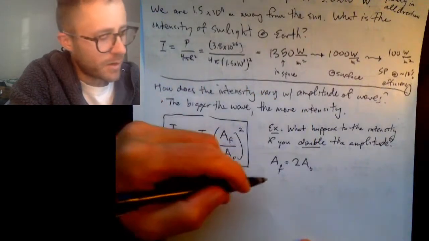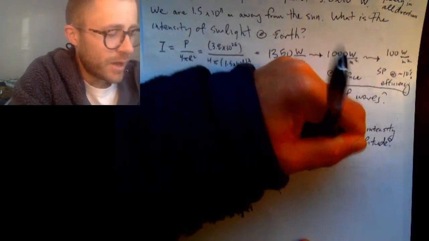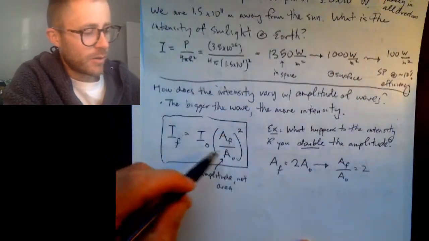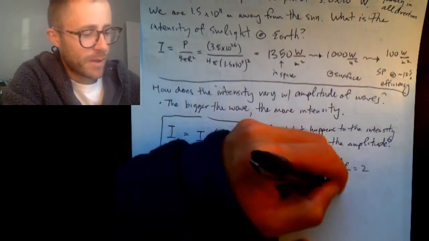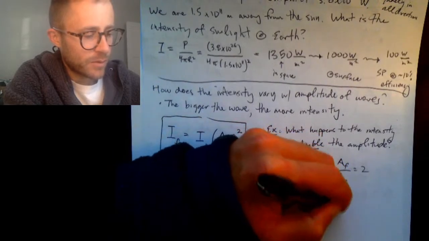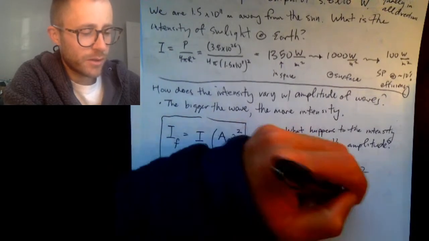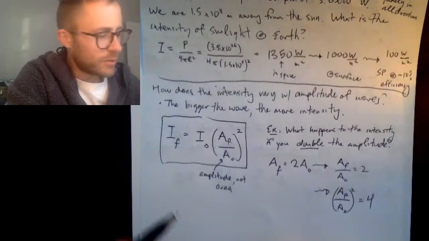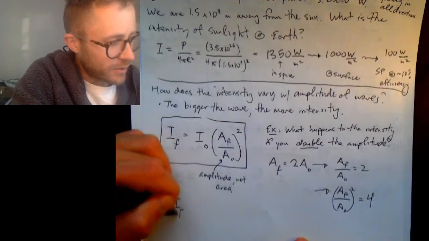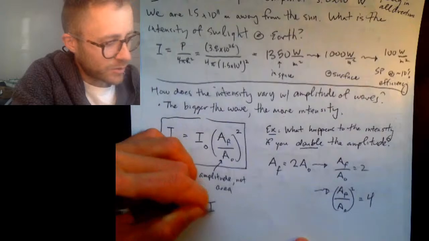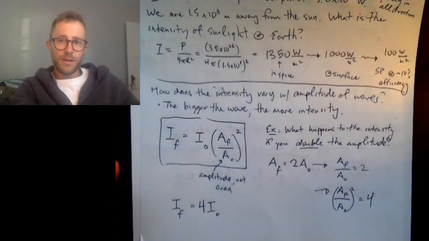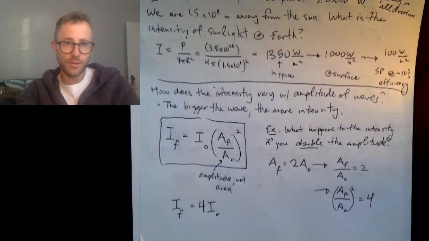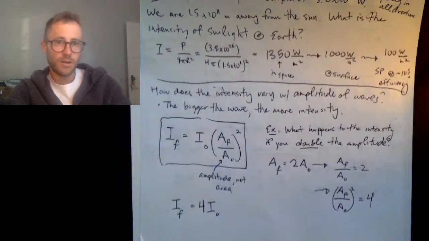Which means that A final over A initial is 2, which means that A final over A initial squared is 4. So keep in mind that there's this square here. So that says that the final intensity is 4 times the initial intensity. So doubling the amplitude results in a more than double increase in the intensity. It results in a 4-time multiplier on the intensity.